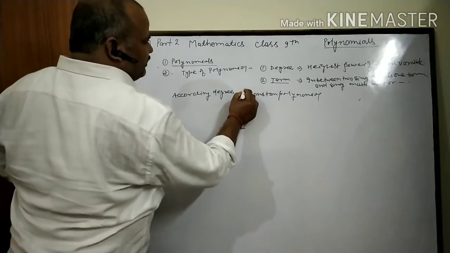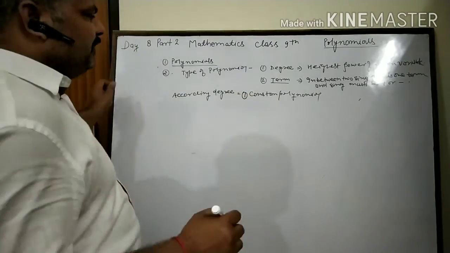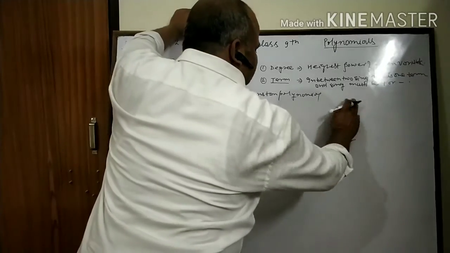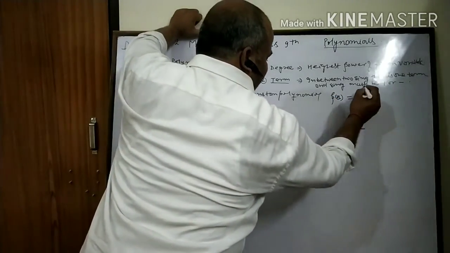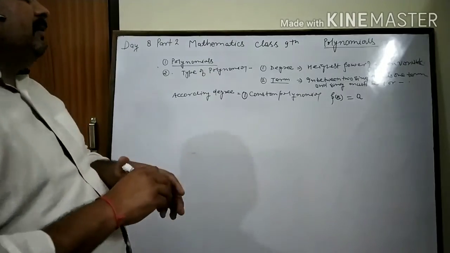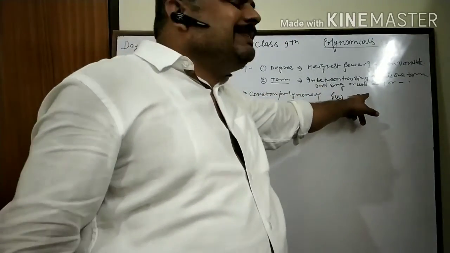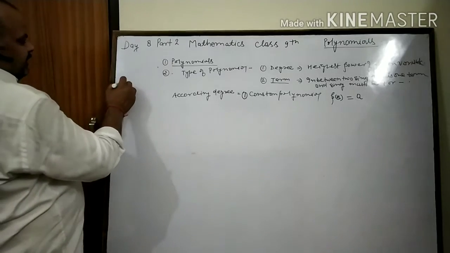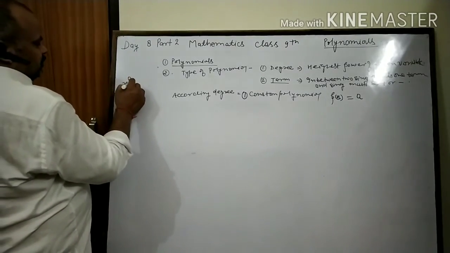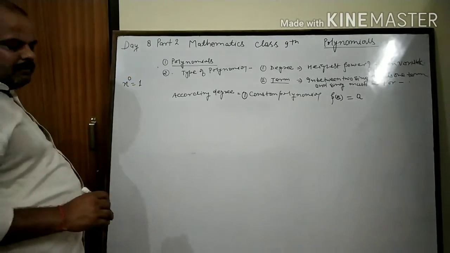First, constant polynomial. In the constant polynomial, you know that p(x) denotes a polynomial equal to a. Clear? Here x is not seen. You know that any number whose power is 0 has value 1. Clear?